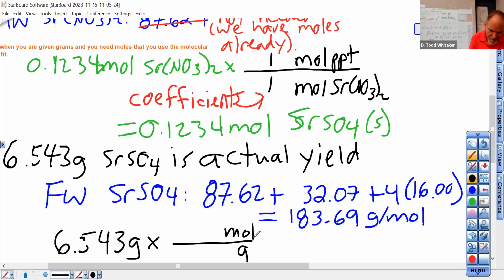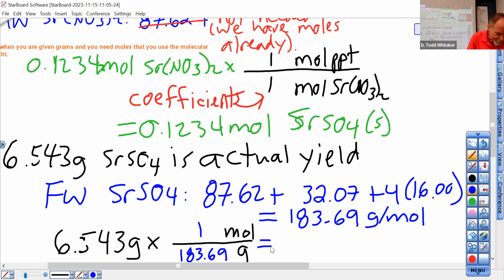Oh, you don't like it because it's not written like that right above it in blue. But it is. It's just upside down, right? There's 1 mole of the SrSO4 for how many grams? It's 183.69.